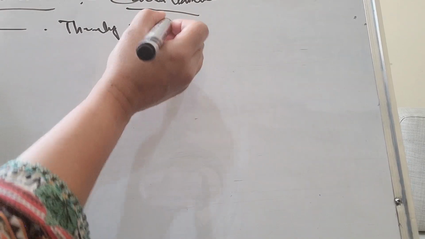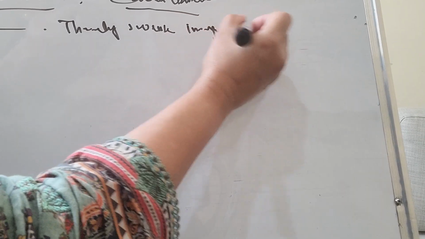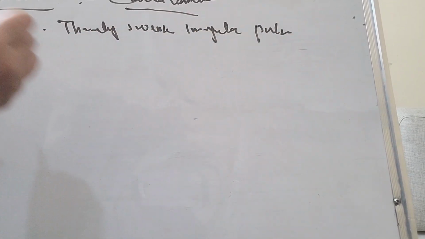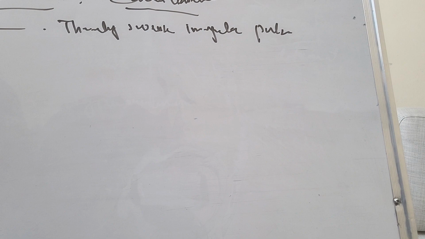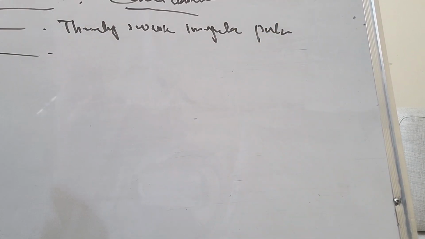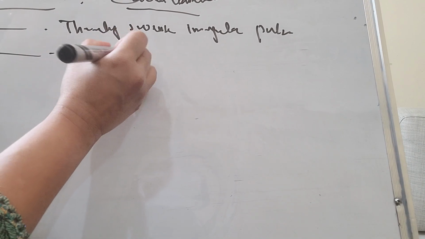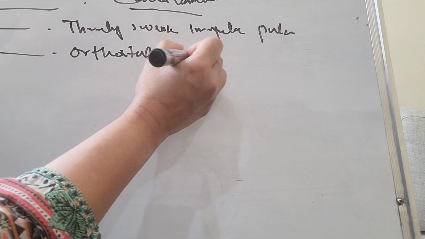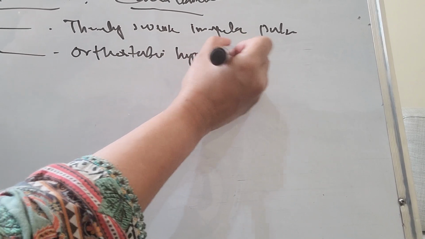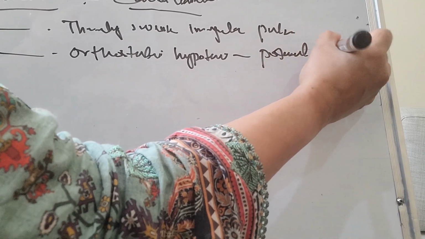Thready, weak, irregular pulse. Weak peripheral pulses. Orthostatic hypotension, which we can also call postural hypotension.